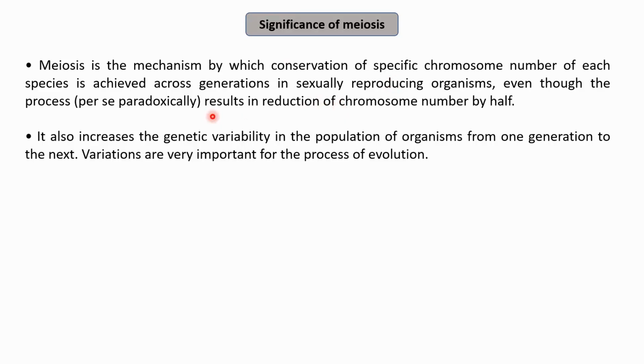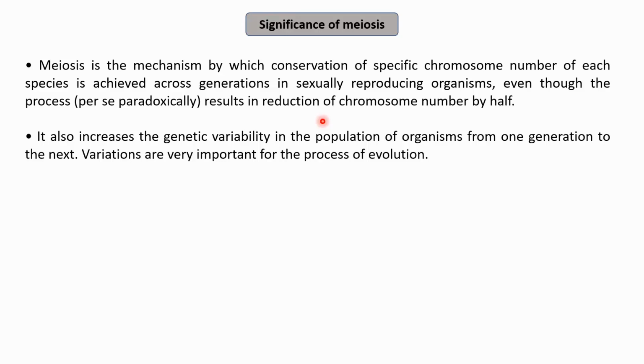And even though the process results in the reduction of chromosome number by half, ultimately when these gametes fuse with each other, this results in the formation of the zygote, which has the same number of chromosomes as that of the parental generation of that species.